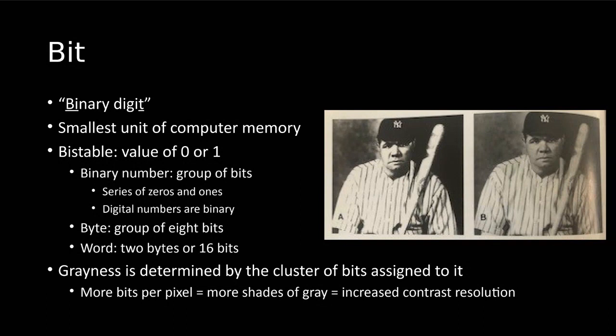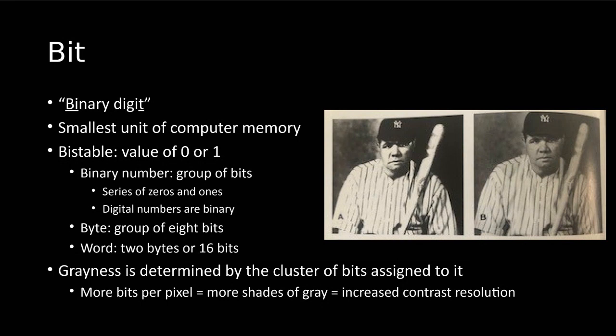So we're really talking about binary numbers. We're talking about either a bit being a 0 or a 1, and then a byte is going to be 8 bits, and a word would be double that, so 16 bits. Our grayness is going to be determined by the cluster of bits assigned to it. The more bits per pixel, we're going to have more shades of gray, and then we're going to have increased contrast resolution.